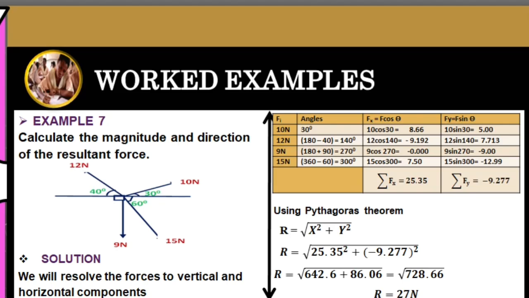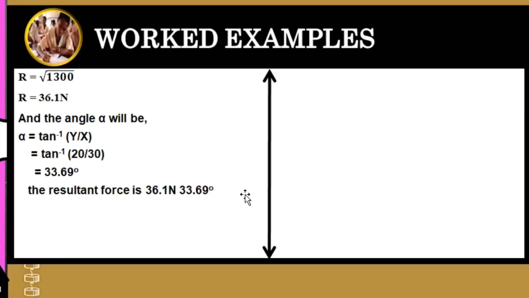Worked example. Calculate the magnitude and direction of this resultant force. So how many forces do we have here? We resolve these forces into vertical and horizontal components by listing out the angles we have for each of them, and then we solve it. The same way we went through the other one is what we are also going to do this time around.